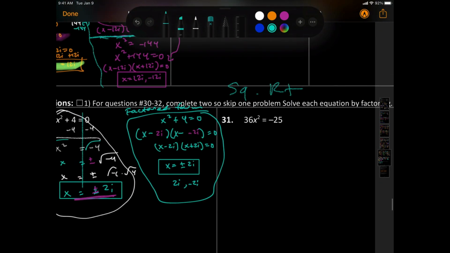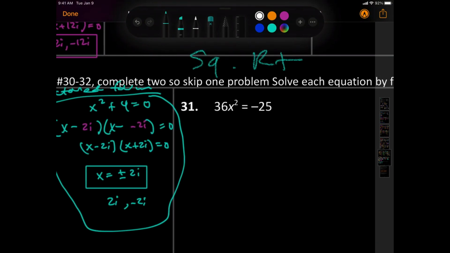Okay, let's try 31. We're going to use my square root method to solve this problem. Okay, this one, I want to say x squared equals, so I'm going to divide both sides by 36. So that's gone. So you're left with x squared equals negative 25 over 36.